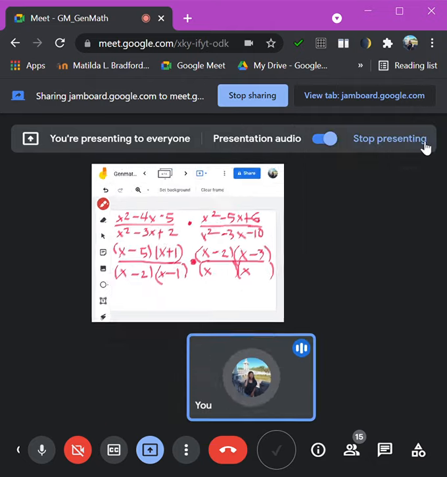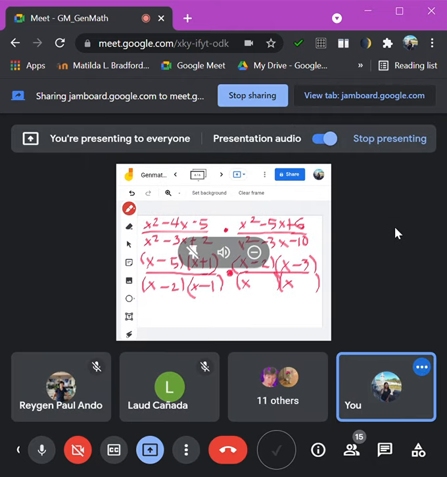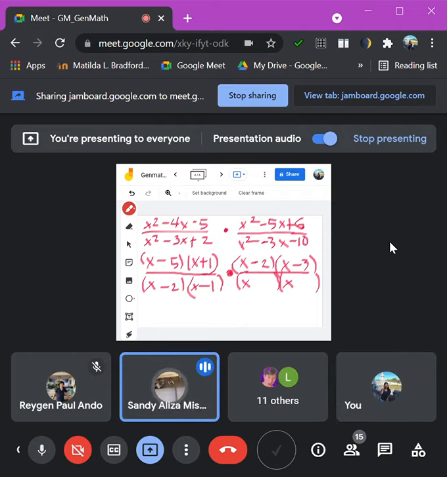Okay, what do you think is the factor? If we add, the answer is negative 3, and if we multiply, the answer is negative 10.